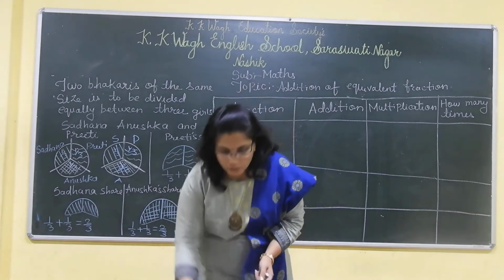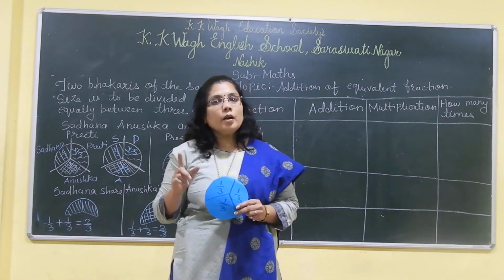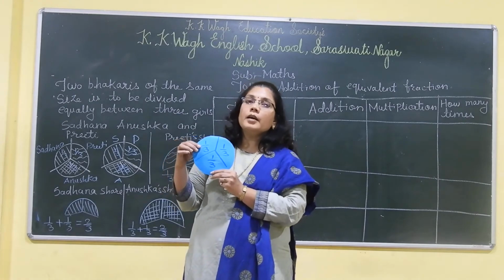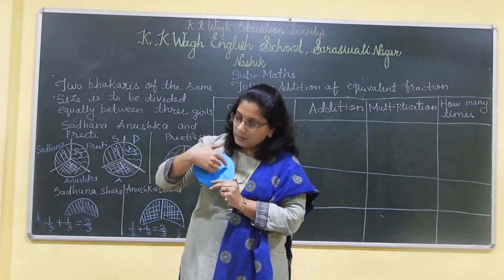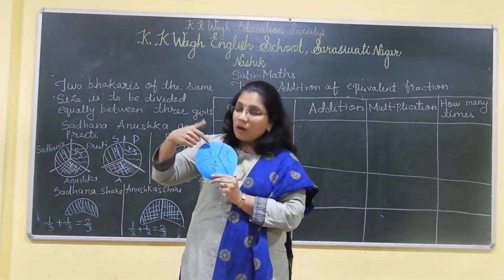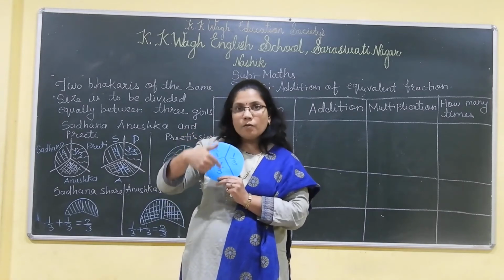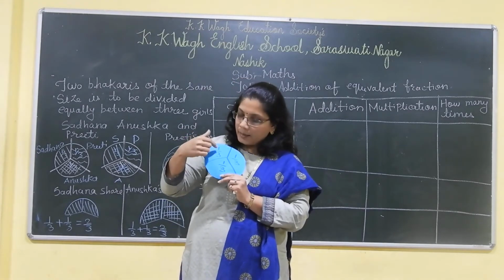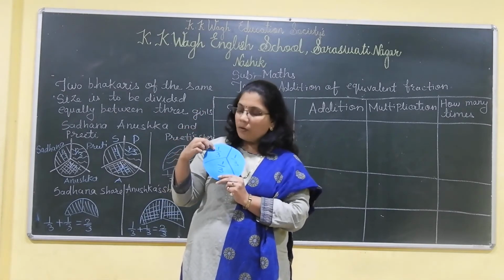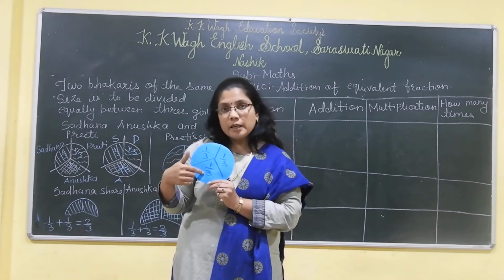Okay? Now see, if we divide a circle into 3 equal parts, then we will write it as 1 by 3, because there are 3 parts, 1, 2, 3. The numerator will be the same for all the 3 parts, 1, 1, 1, because each is one single piece, 1 part, and the total number of parts here is 3.